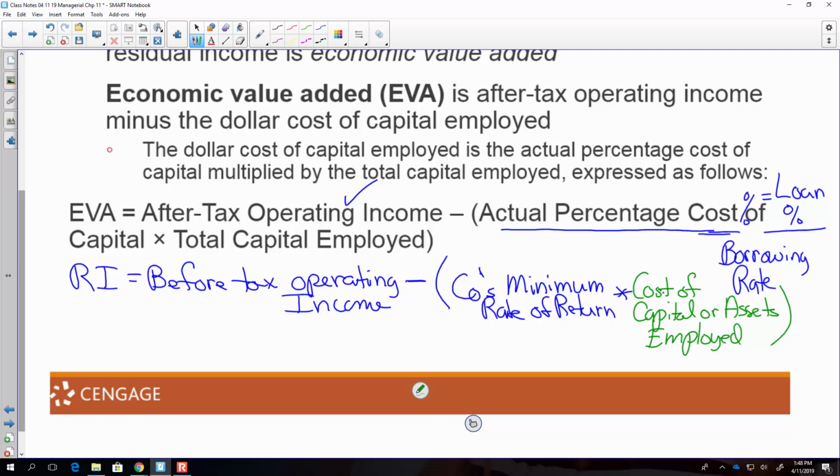So that is in parentheses. So what's the difference? Well, this is after the tax, this is before the tax. This is a cost of capital or loan percentage versus a company minimum rate of return. So you'll have to do both computations for the exam.